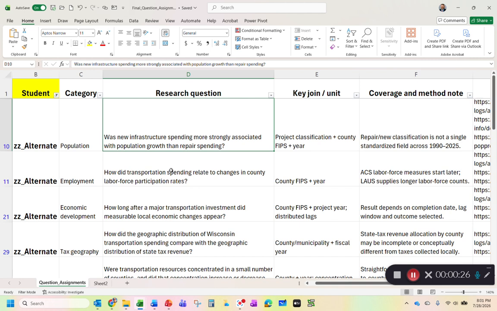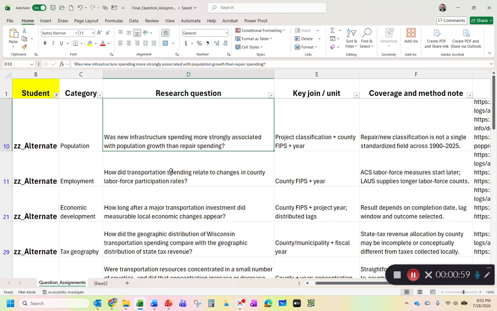So, was infrastructure spending more strongly associated with population growth than repair spending? I would assume no, that it doesn't matter. This is how I would answer in the first discussion board, my initial thought is no, I don't think it would be more strongly associated with population growth than repair spending.